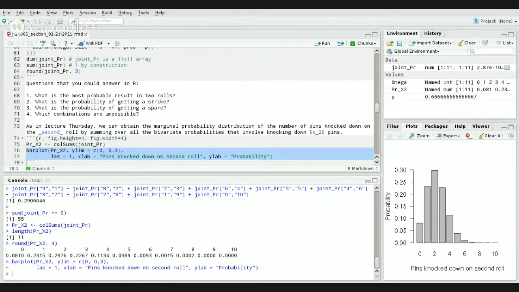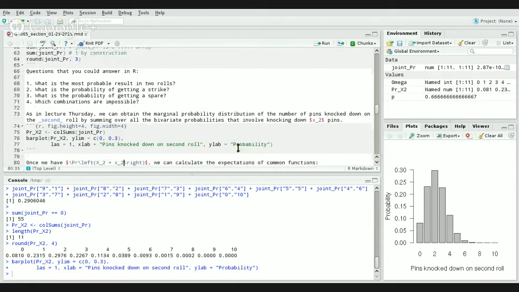You can click on zoom, and I don't know if this will appear on the video, but if it does, we have a bigger plot here, which shows the probability for each of the possibilities in our sample space, the probability of knocking down that number of pins on the second roll. The most likely is 2, because it has the most probability. So we say that is the modal category. 1 and 3 have about the same probability, and it declines thereafter.